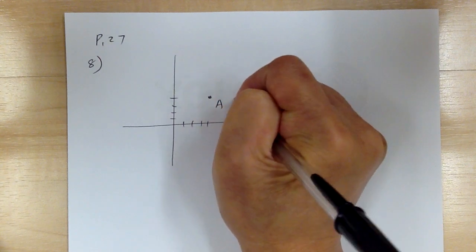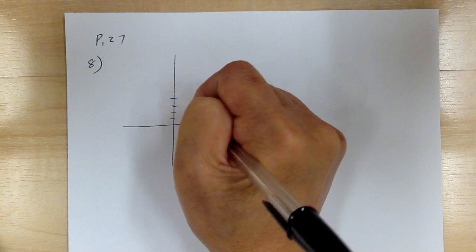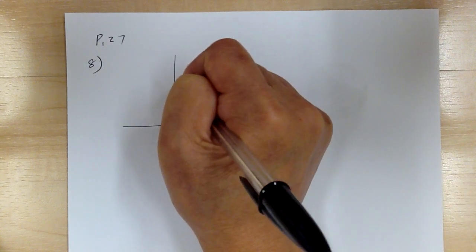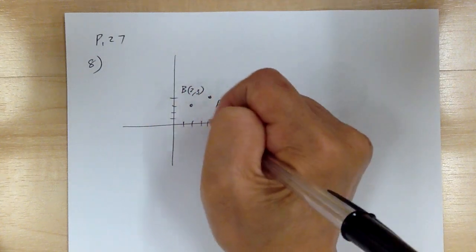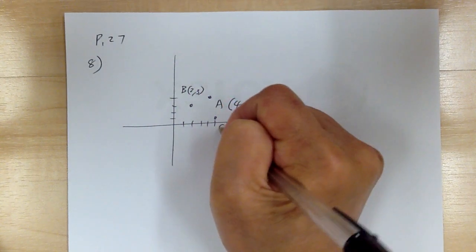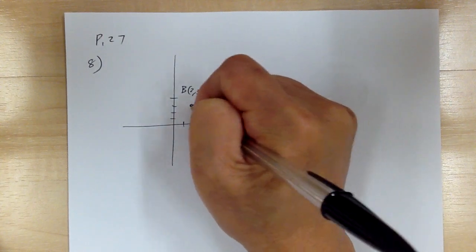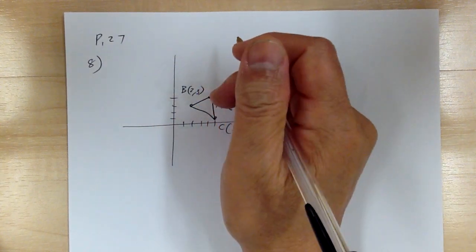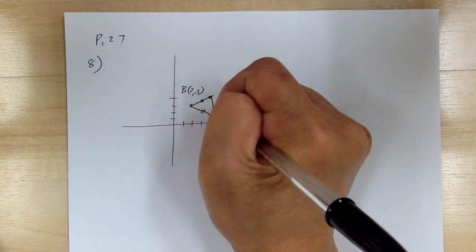I'm going to call this A. So point A is (4, 4), B is (2, 3), and C is (5, 1). So you have this triangle over here, and you're looking for the midpoint of each side.